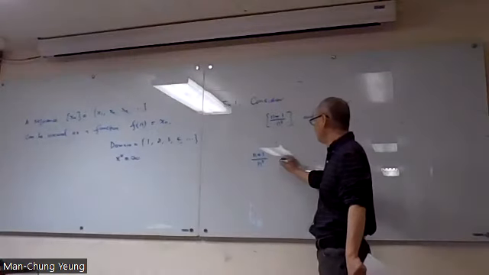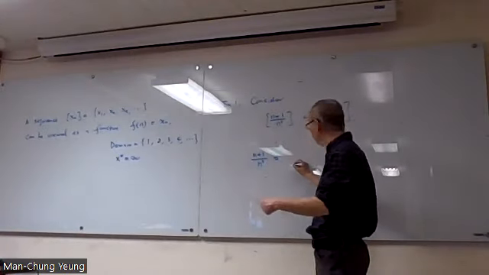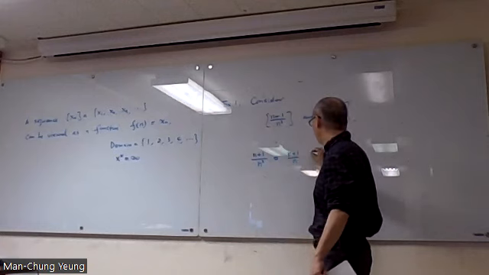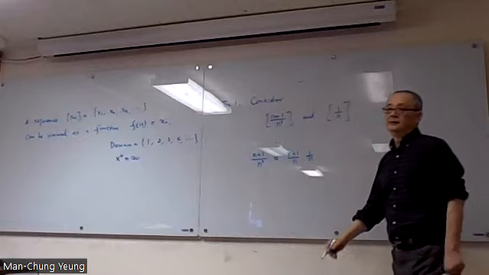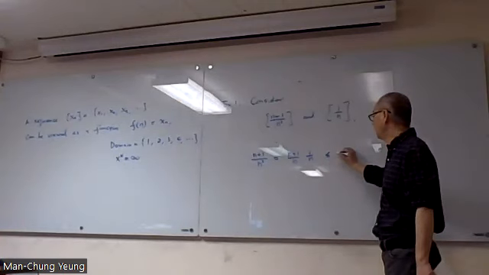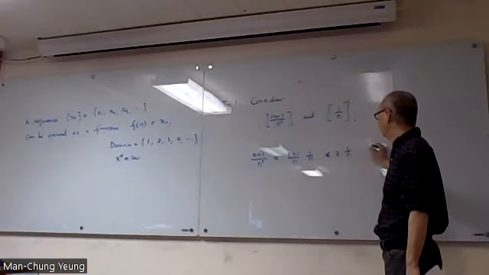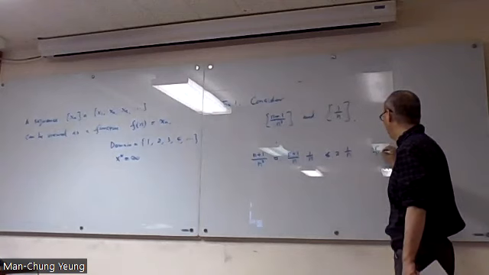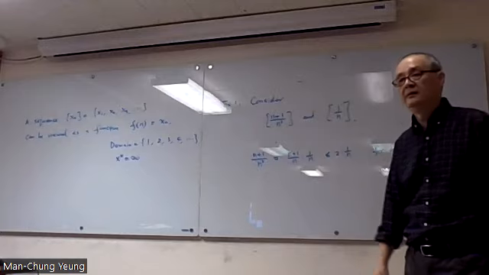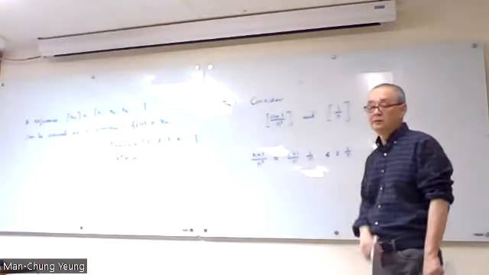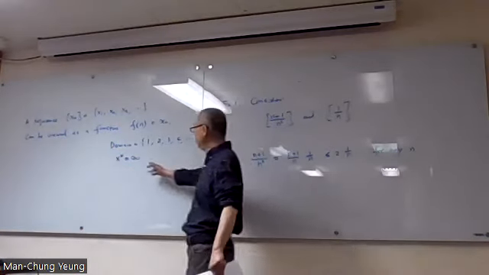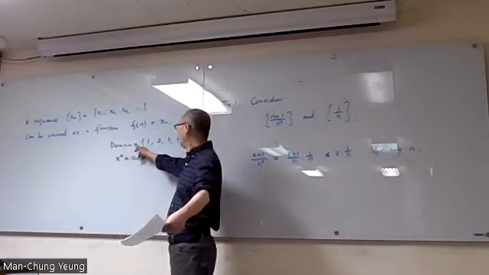Let me rewrite this sequence as n plus 1 over n times 1 over n. You agree? This is less than or equal to 2 times 1 over n. Actually, this is true for any n. So in a neighborhood of infinity, I can choose all the n's.